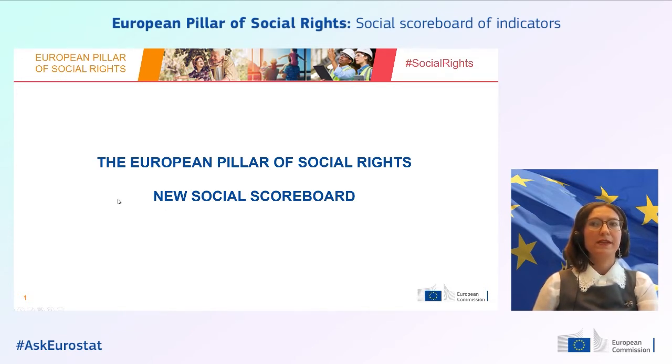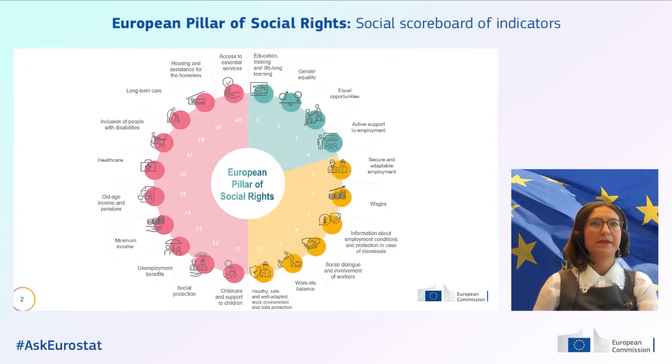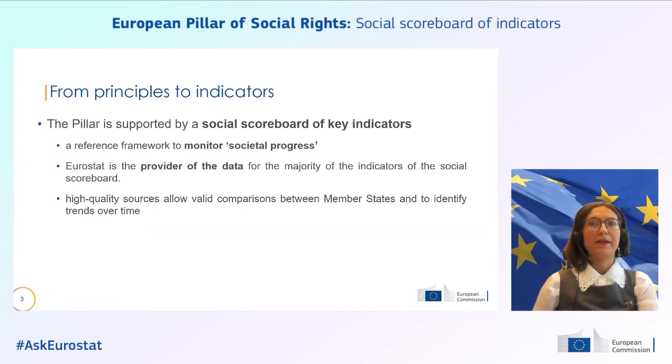You have already seen the pillar, the 20 principles, and the pillar is supported by the social scoreboard, which is a reference framework to monitor societal progress. Eurostat is the provider of the data for the majority of the indicators of the social scoreboard. There are only a few secondary indicators that are not coming from Eurostat.